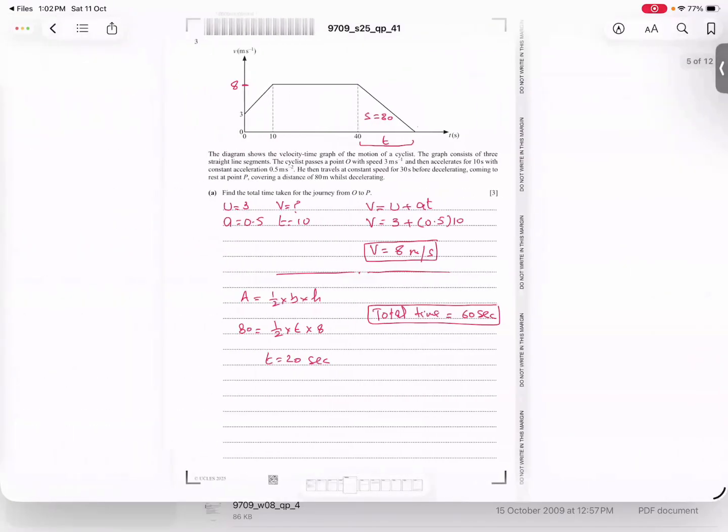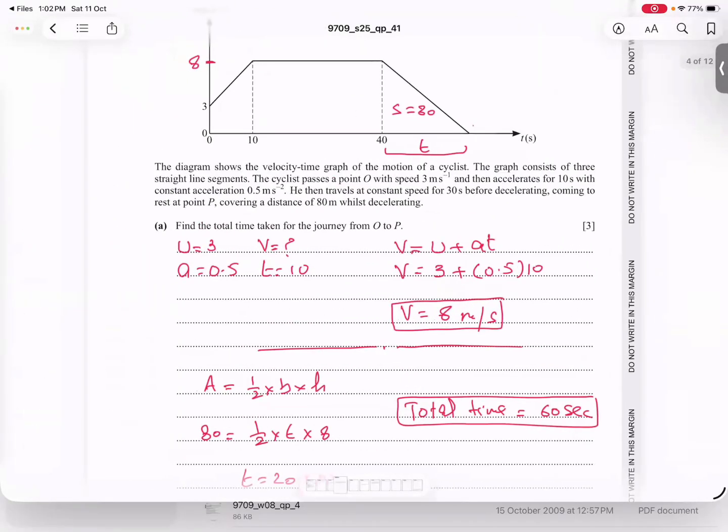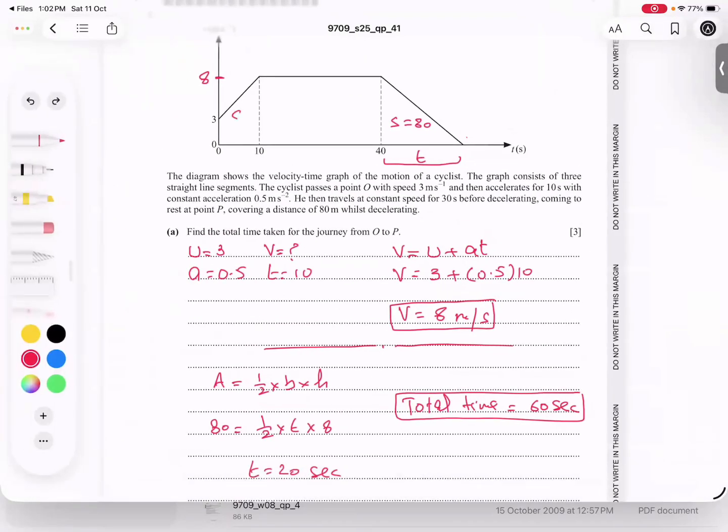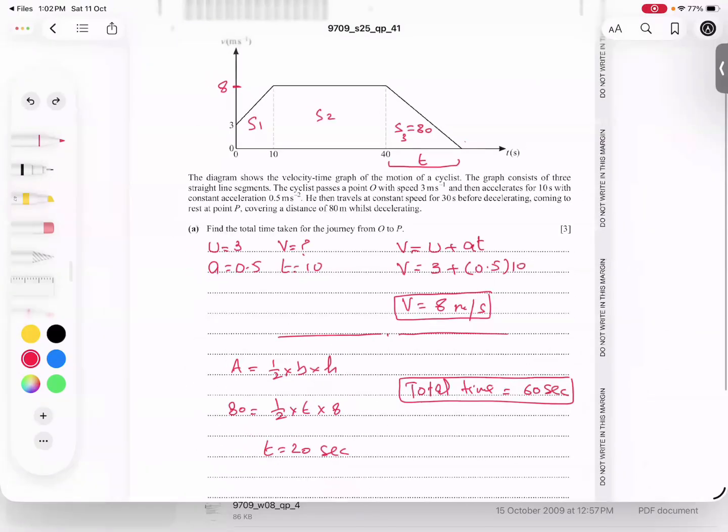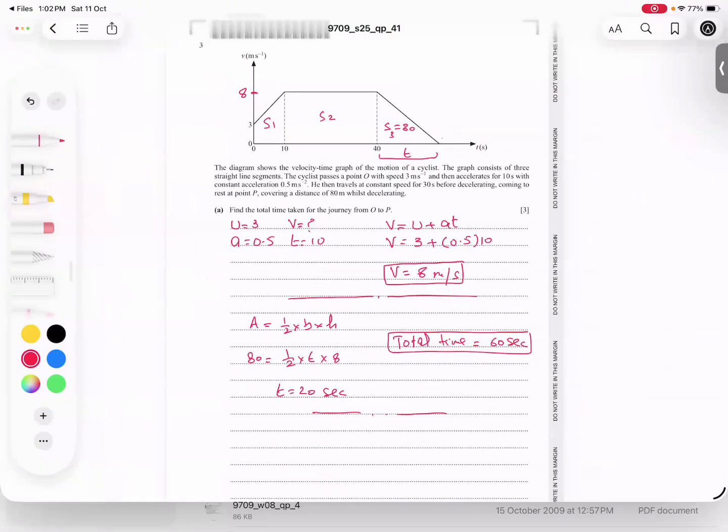It means I must have three things: distance 1, distance 2, distance 3. Luckily, we have them. So I'm finding on the same page, what is distance 1? Trapezium rule, half into the parallel sides.